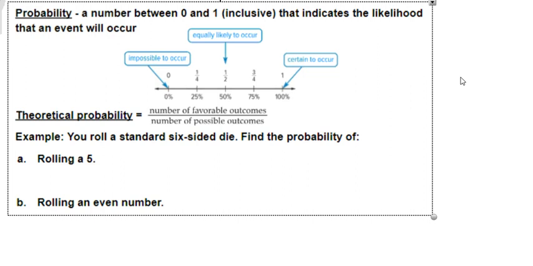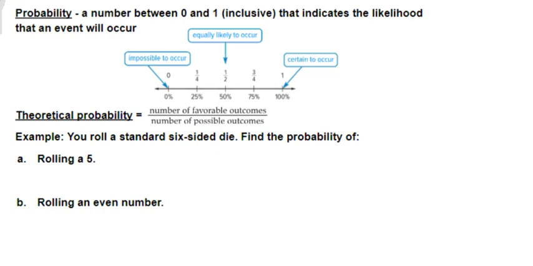Our first thing we're going to talk about is probability and theoretical probability. Now, probability is basically the likeliness that something's going to happen, and we come up with a way to numerically quantify it. Theoretical probability means in theory, so not necessarily in practice.